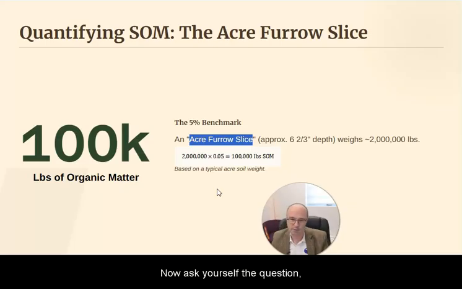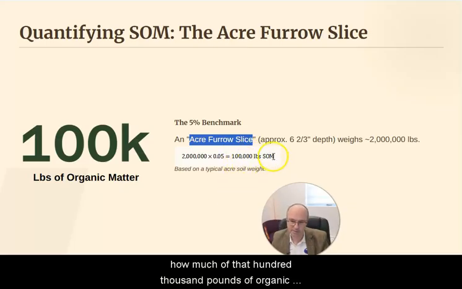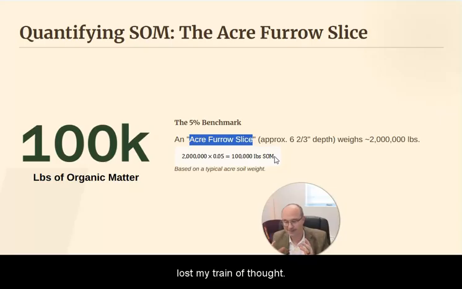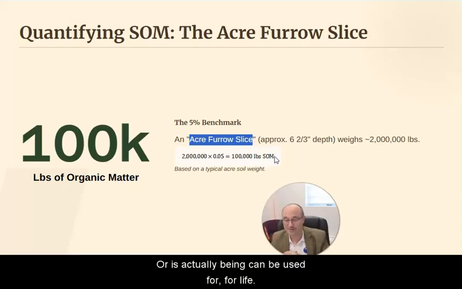Now ask yourself, how much of that 100,000 pounds of organic matter is usable nutrients, active soil organic matter actively involved in mineralization, or that can actually be used for life?